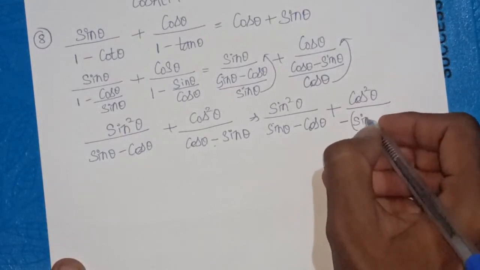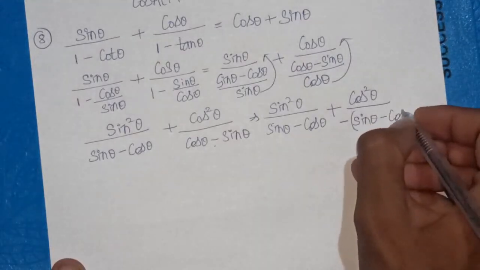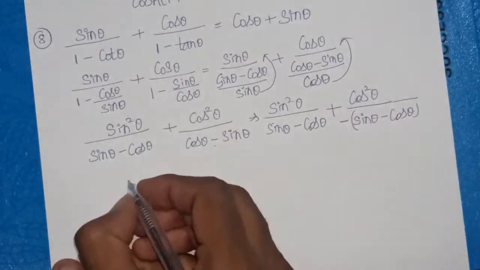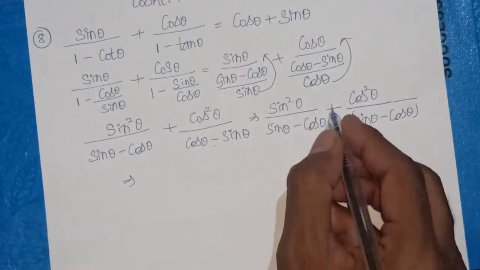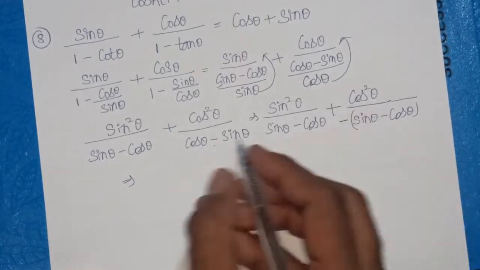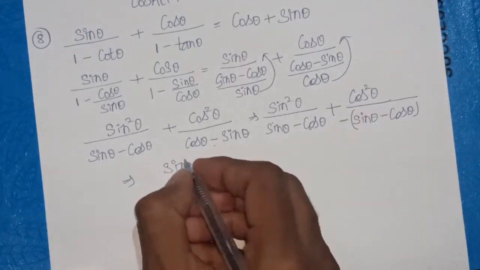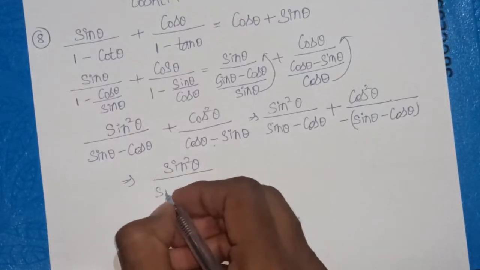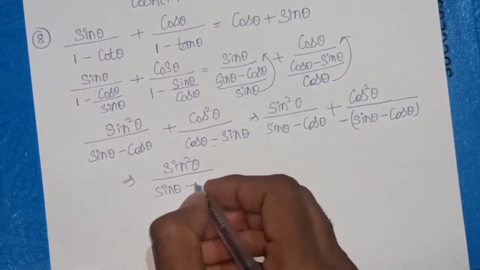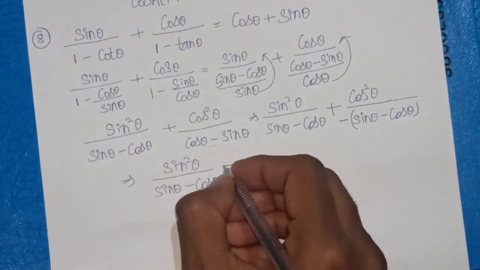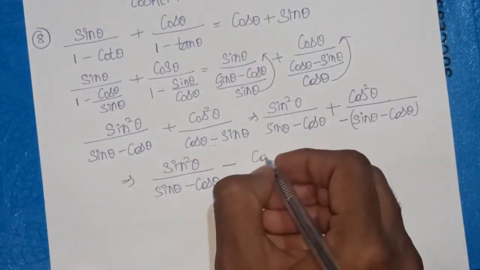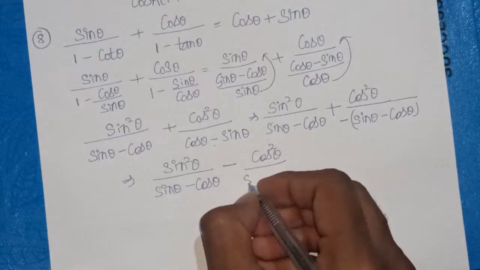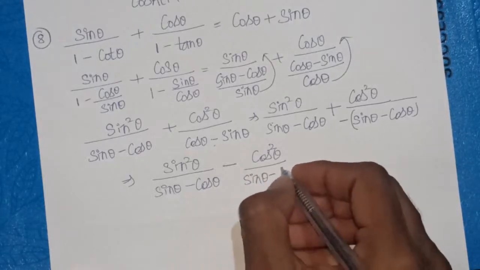Therefore, sin theta minus cos theta, and this minus will be multiplied in this plus and it will become minus. Sin square theta by sin theta minus cos theta minus, plus into minus will become minus, cos square theta by sin theta minus cos theta.